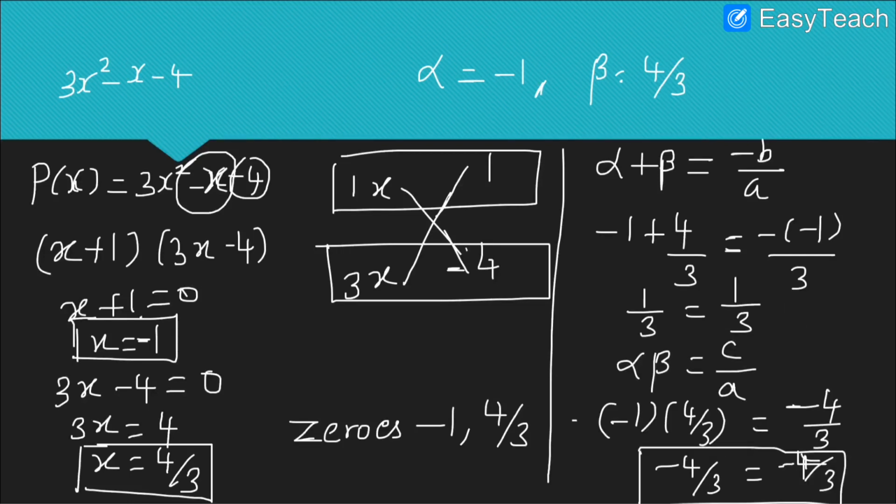I verified it, where I got the same answer on both sides. This is how you find the zeros of the polynomial and verify the relationship.